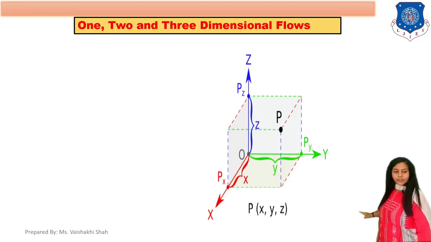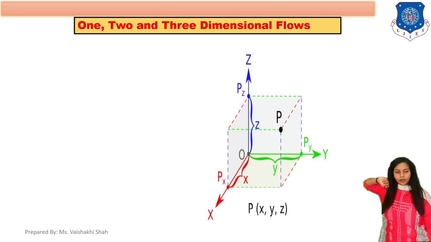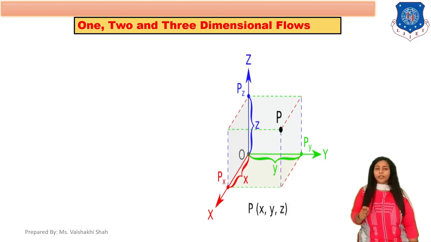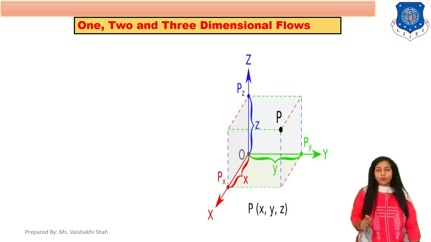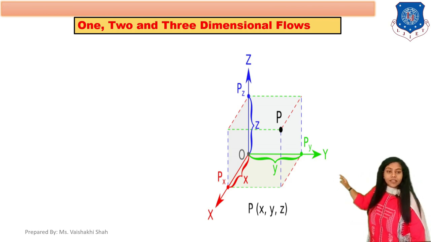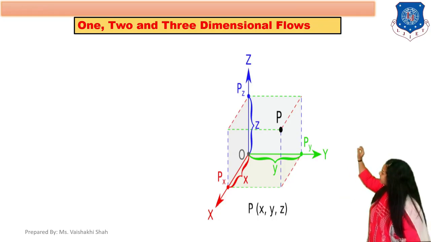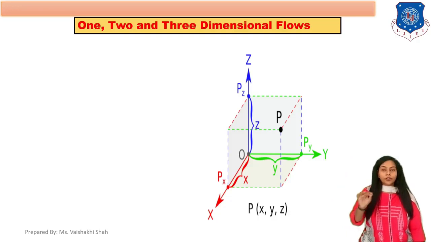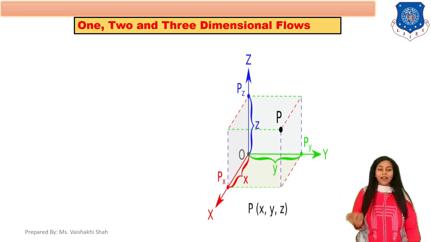Remember that the velocity component of the fluid in the x direction is always indicated as small u, in the y direction as small v, and in the z direction as small w. You have to remember these terms u, v and w for directions x, y and z.